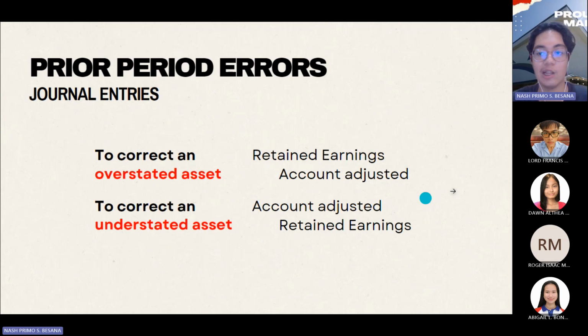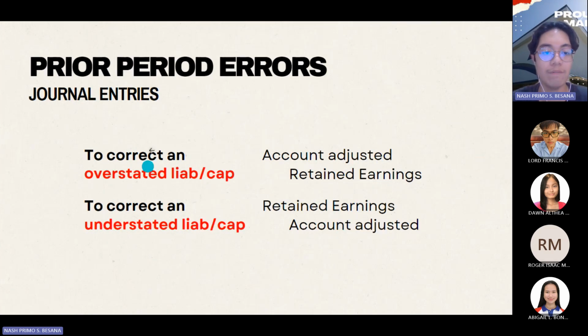So increase retained earnings. But if ang liability or capital naman yung overstated, baliktad siya. Kapag liability and capital, di ba, ang normal balance niya is credit. But if overstated, kailangan siyang bawasan, we would debit the account adjusted and then credit retained earnings.